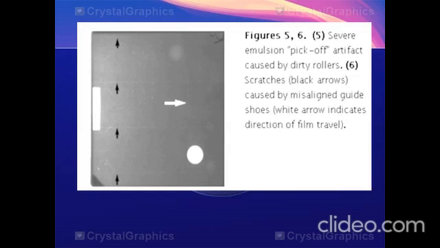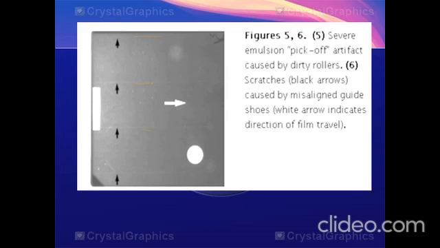So, figure 5, this is from my book: severe emulsion pick-off artifact caused by dirty rollers. These are the scratches, as you can see, the white ones. Scratches, black arrows, caused by a misaligned guide shoe. The guide shoe is also part of the roller, the lowermost part of the roller.